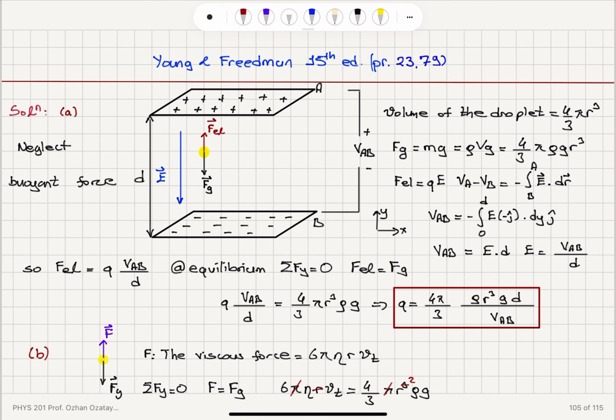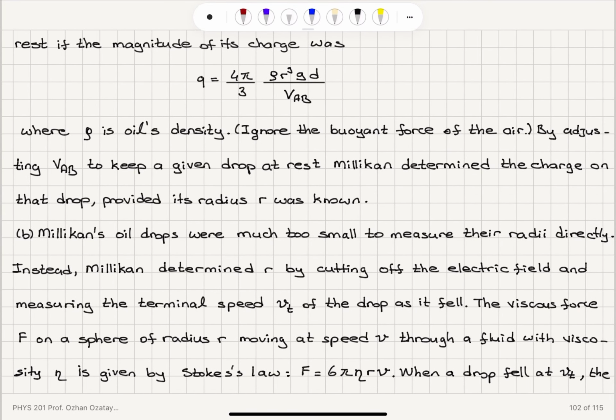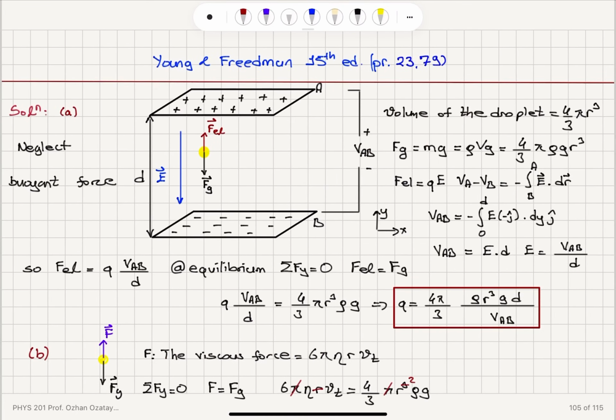Now, this viscous force is proportional to r, as you can see here. On the other hand, the gravitational force is proportional to r cubed. So we had the requirement that the buoyant force is to be neglected in part A. So we have the same assumption here as well. The buoyant force is neglected.